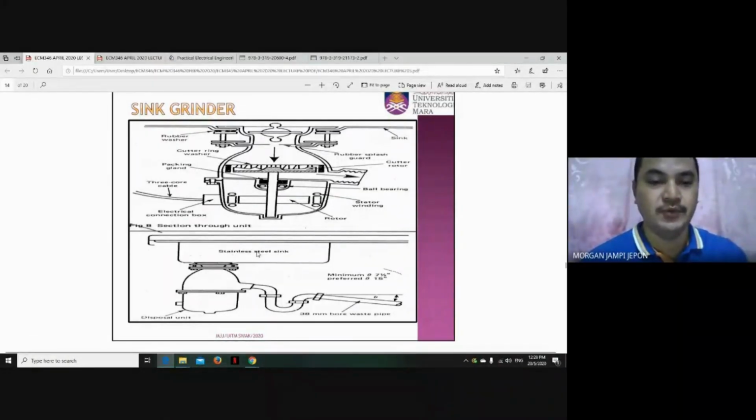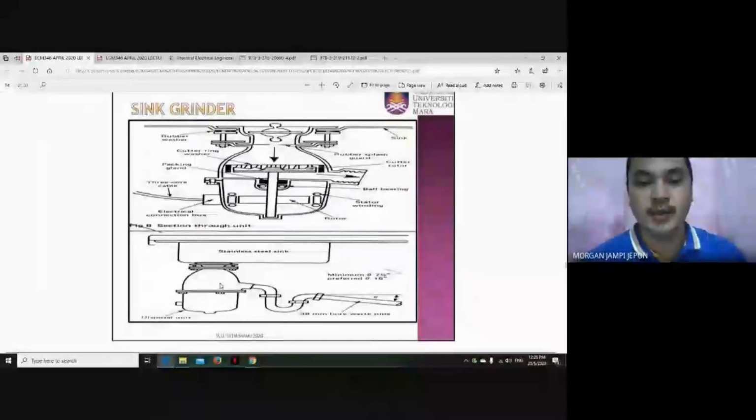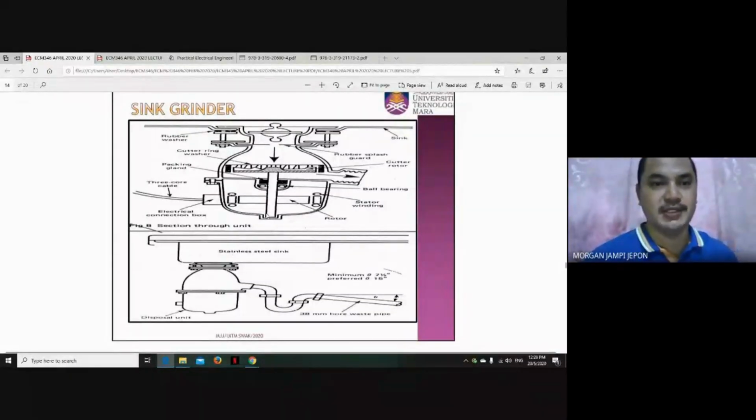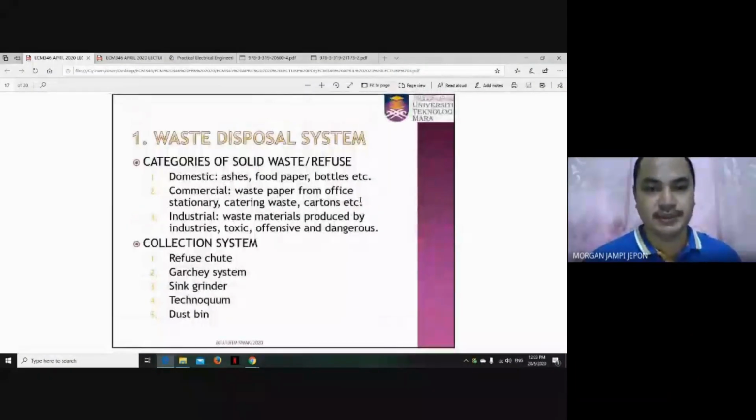So if we want to dispose our rubbish, we pull the plug, then place our rubbish into this grinder, switch on the grinder to grind that rubbish or waste into small particles. Then after a while, we may flush that, okay, flush the rubbish into the pipe. It could be single pipe or double pipe garbage system. Okay, so that is a waste disposal system in the building, right?